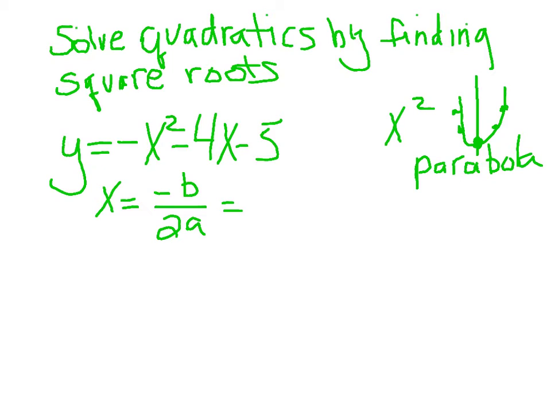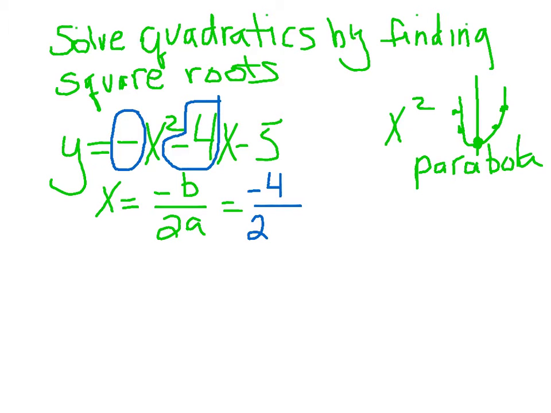Now, what's b? B is the number in front of the plain x term, along with its sign. So we have negative 4. And then, what's a? A is the coefficient in front of the x squared term.